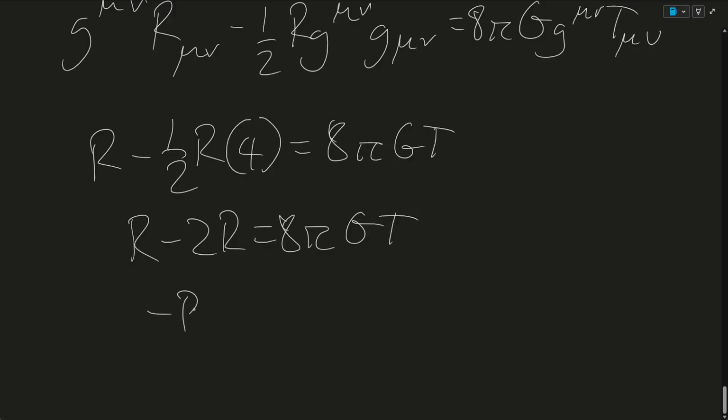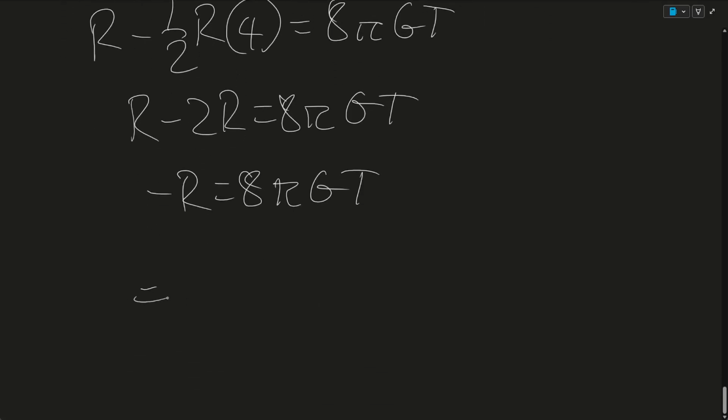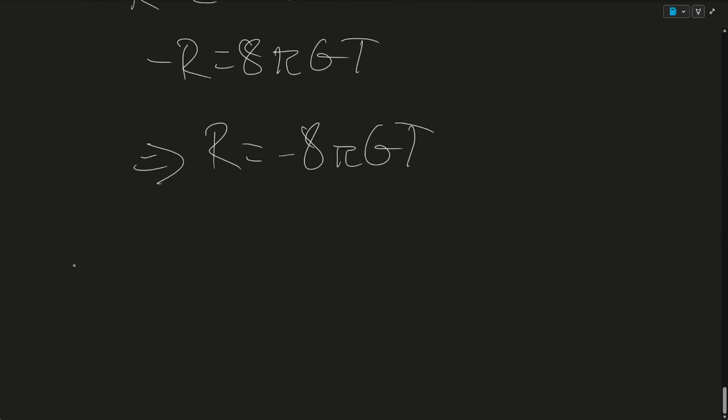So 8 pi G T for R is equal to minus 8 pi G T. And we can sub R back into our original equation.